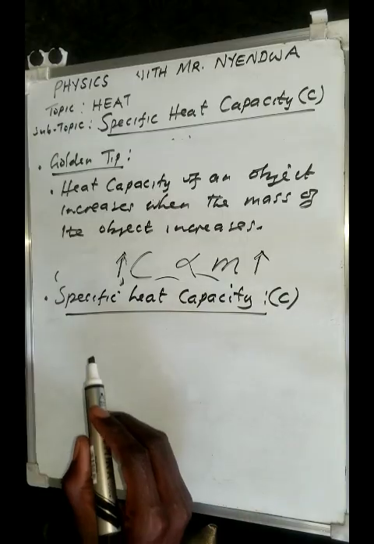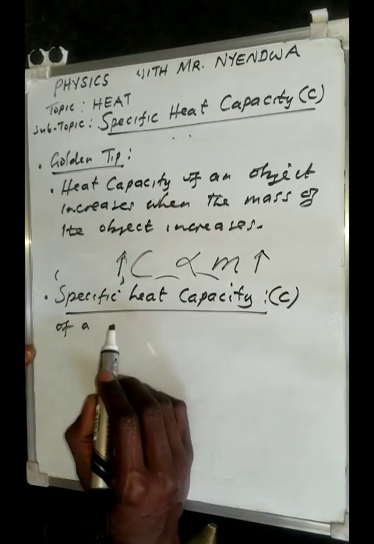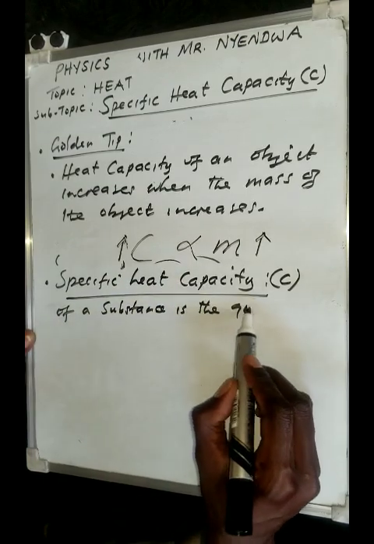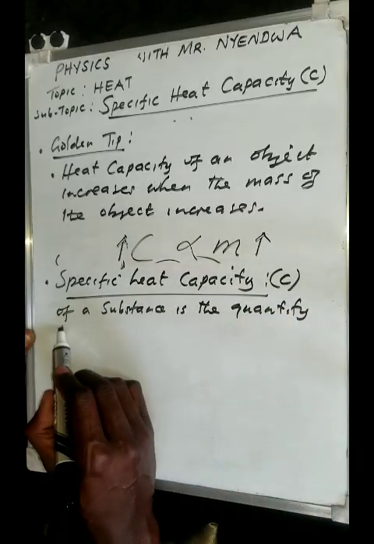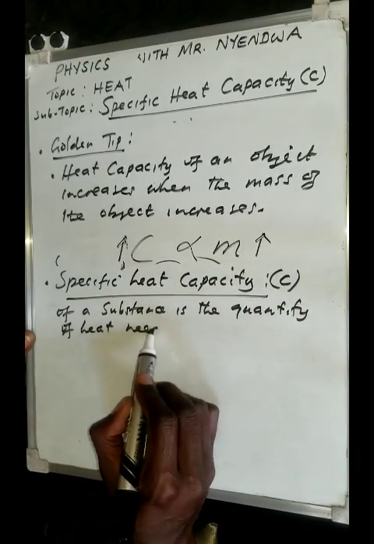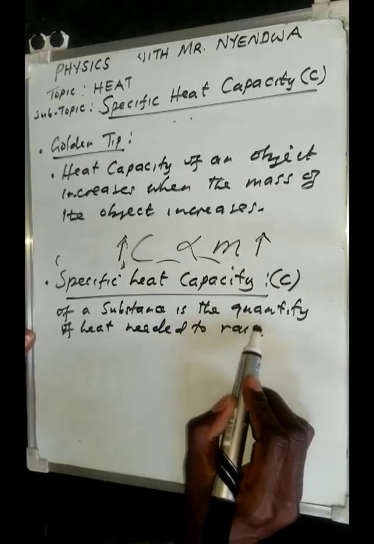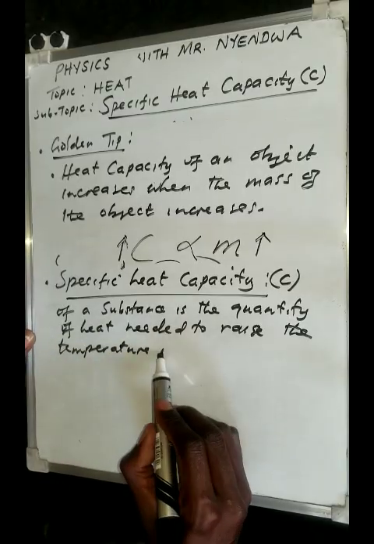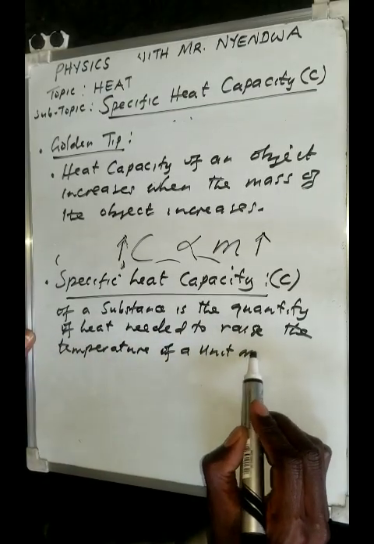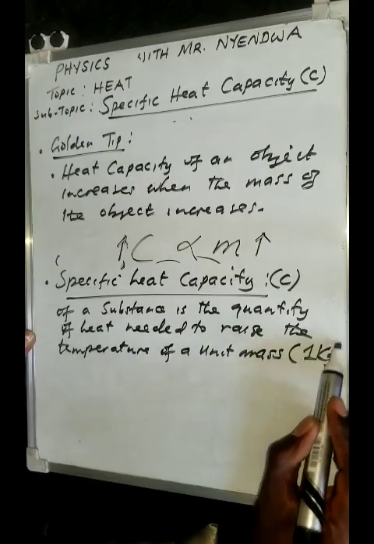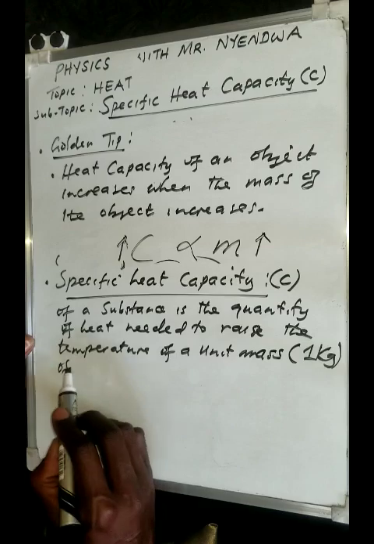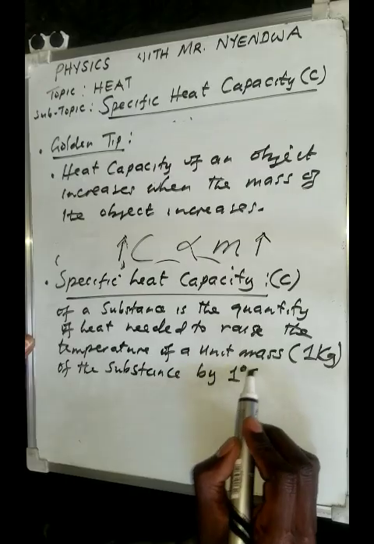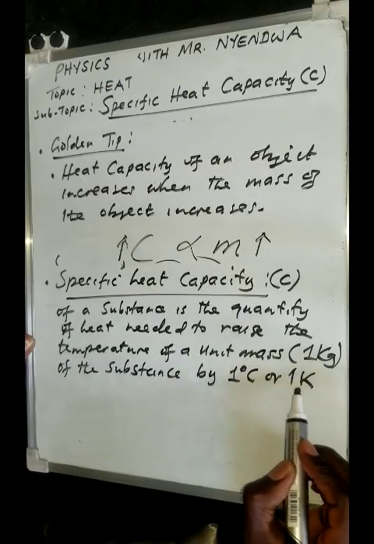So I can simply say: specific heat capacity of a substance is the quantity of heat needed to raise the temperature of a unit mass, that is 1 kg, of the substance, by 1 degree Celsius, or if you want, just by 1 Kelvin.